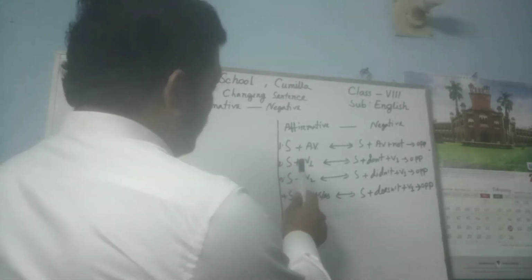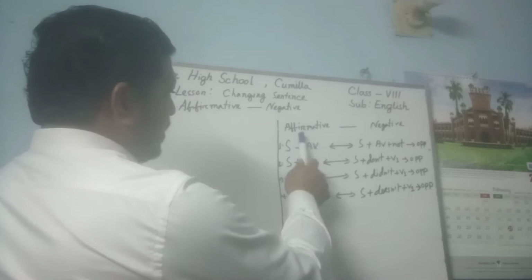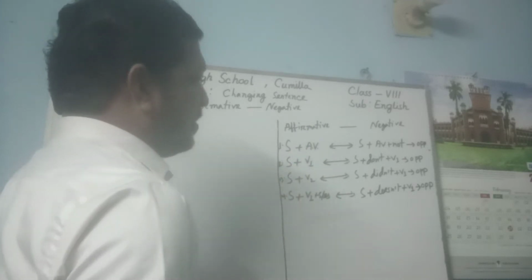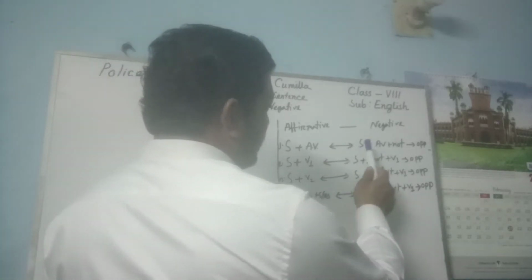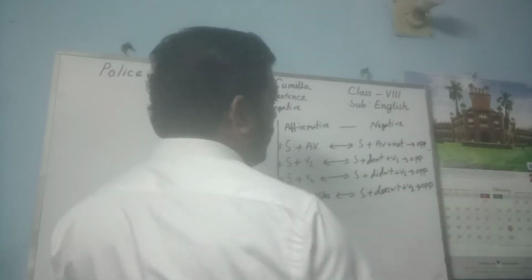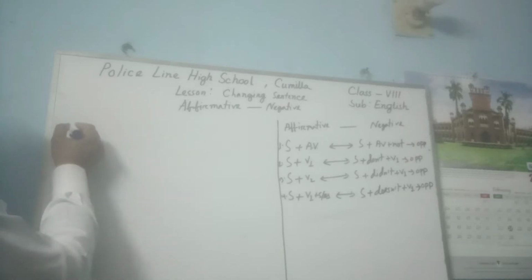First one, if you see in affirmative sentence at first subject, then auxiliary verb, then others. In negative you have to write first subject, then auxiliary verb, then not, and use the opposite word. Okay, I will write a sentence for rule 1.